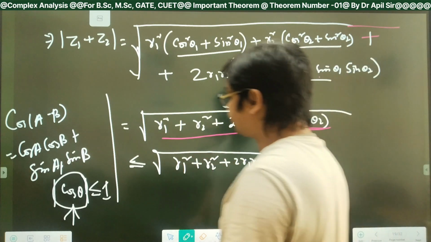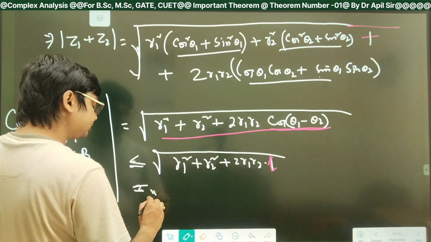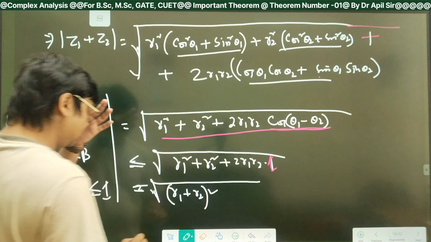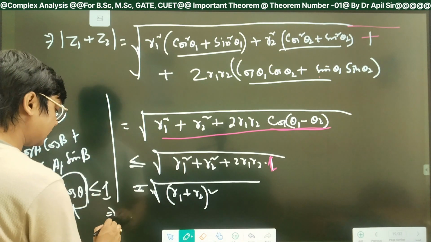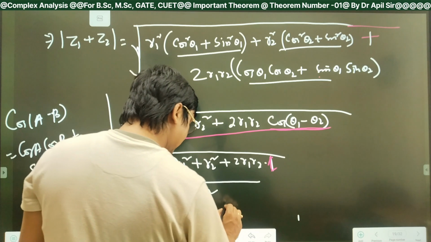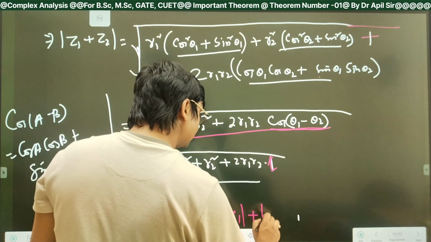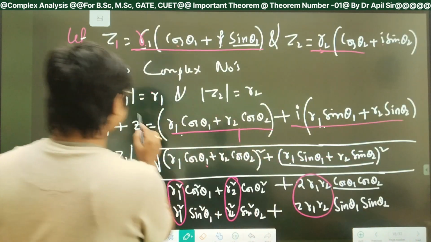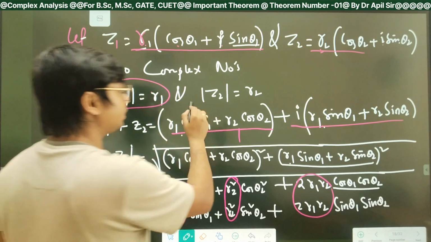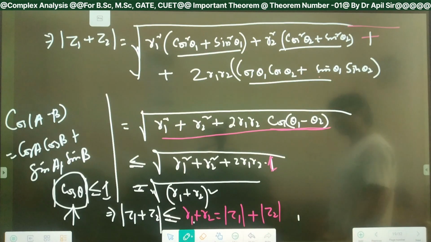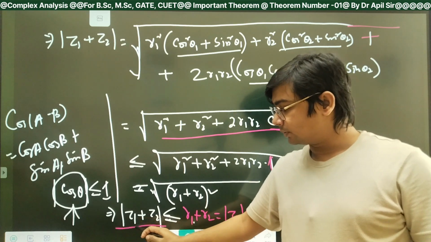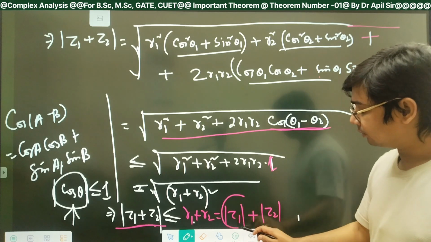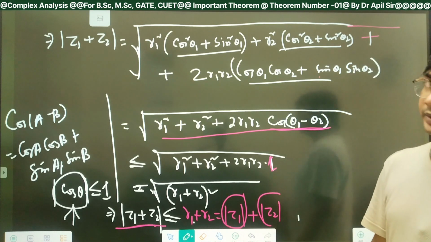Is it okay? So this will be R1 plus R2 whole square, and the square root cancels. Now R1 is the modulus of Z1 and R2 is the modulus of Z2. So finally, the modulus of their sum is less than or equal to the sum of their moduli. This is the theorem we needed to prove.